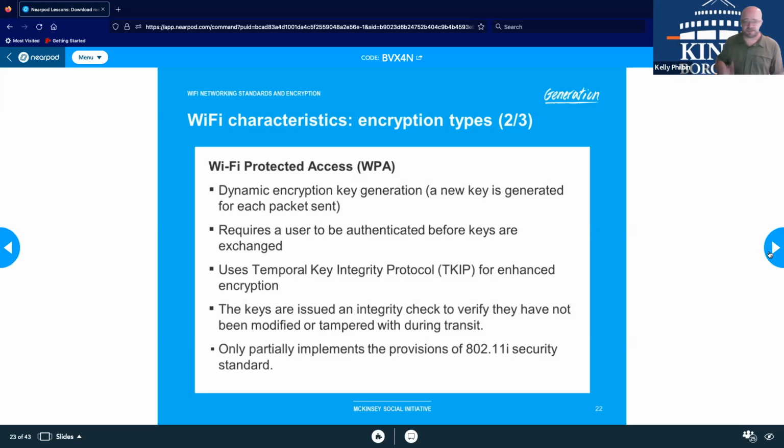Temporal meaning time. So the keys they are giving you are only valid for a certain amount of time. This gives you a little bit more protection than WEP. Still not great, but it's getting better.